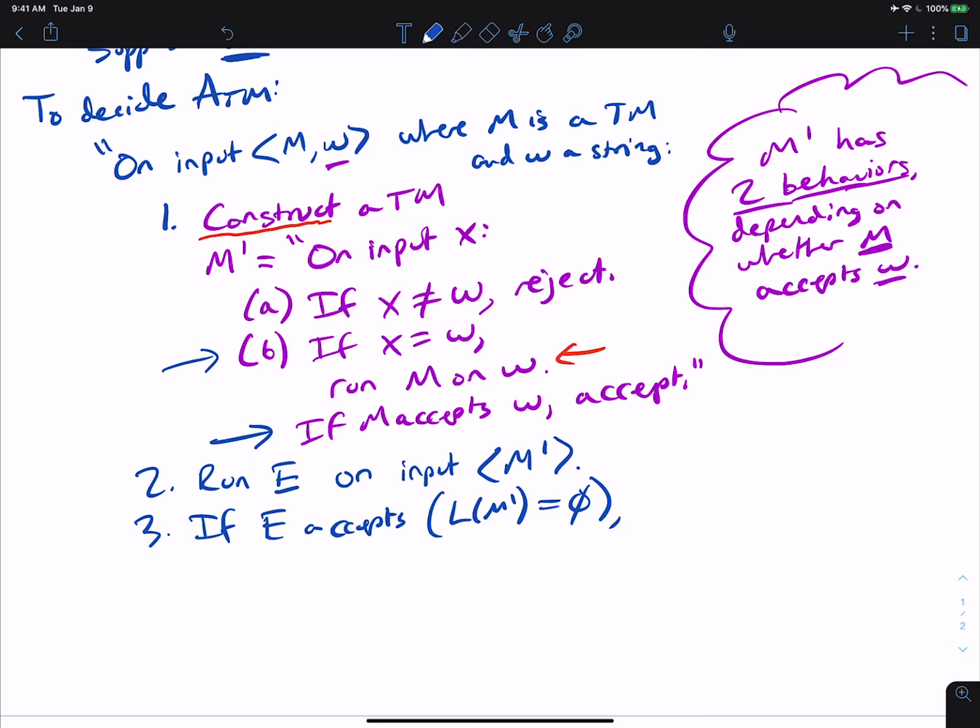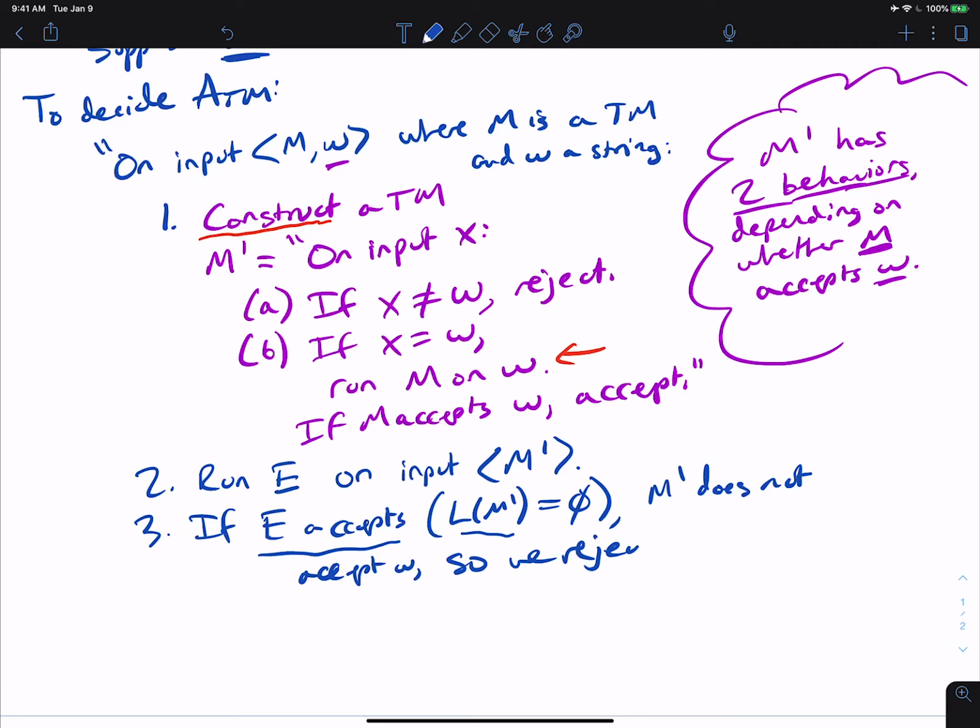So here we're saying E says yes, which means M prime's language is empty, which means that M prime does not accept W, so we reject. You don't have to put that "M prime does not accept W" bit there. That's just so that we understand everything that's going on.